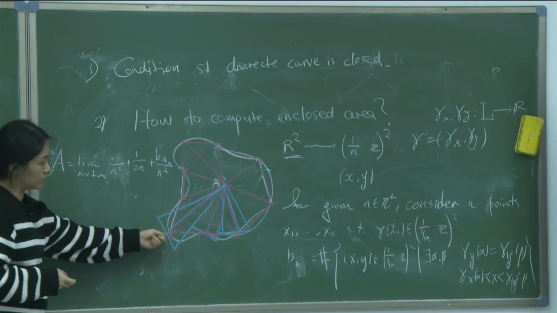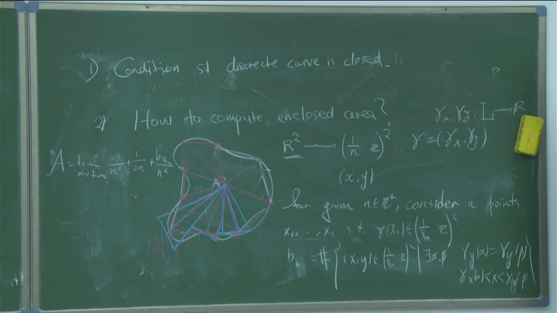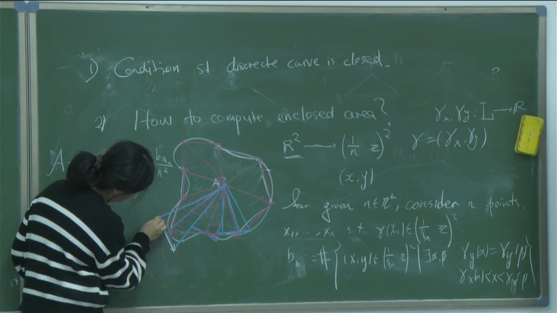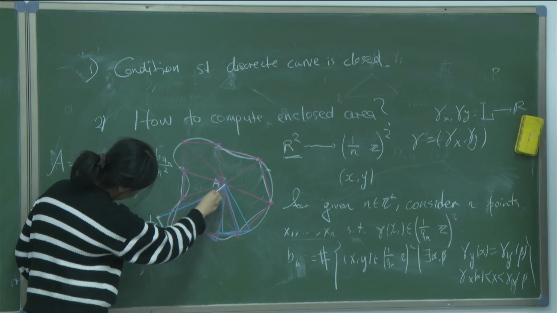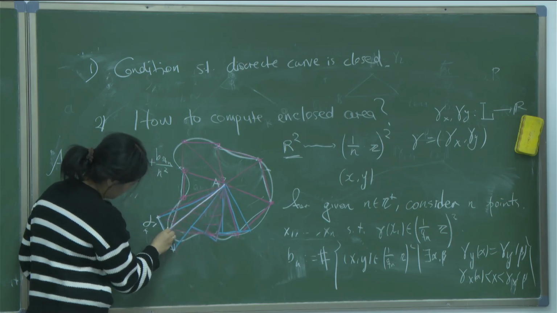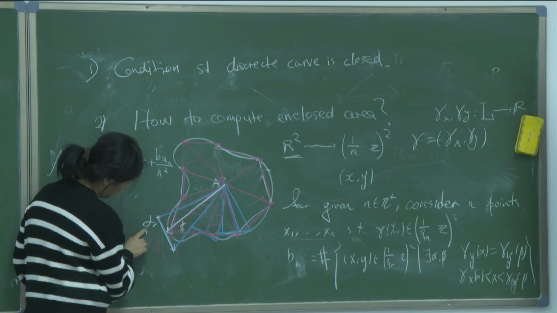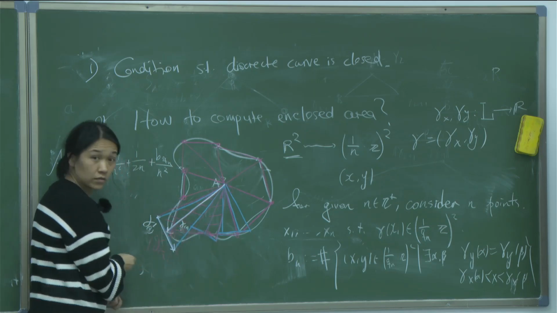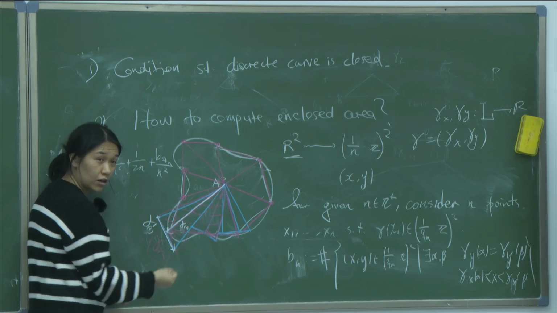This vector here would be gamma prime, okay? This vector here would be gamma t, or gamma k, whatever. So what is the area of that triangle? Over 2.